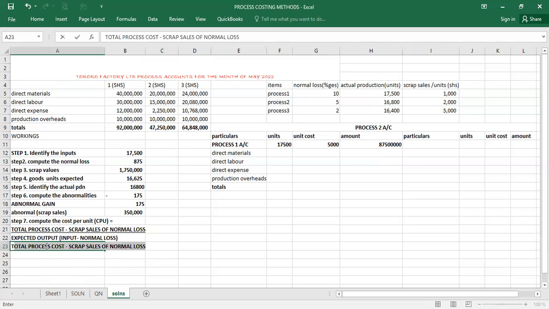Here we have to look for the total process cost. Total process cost is going to be equal to what we have there as the total, plus what we got from process 2. Then we press enter. This is now going to be our new value for that.